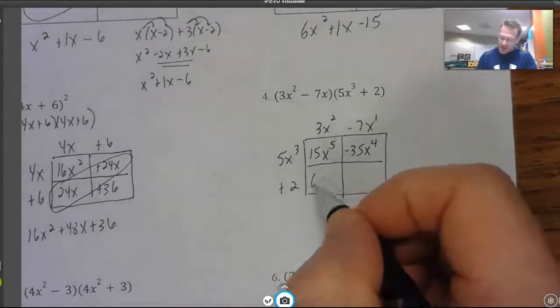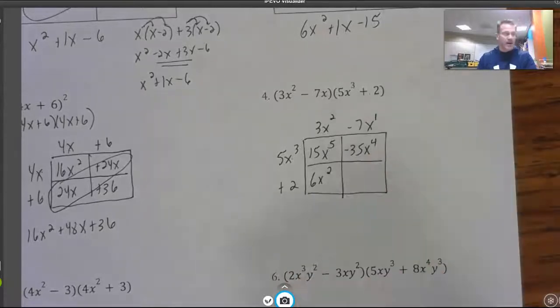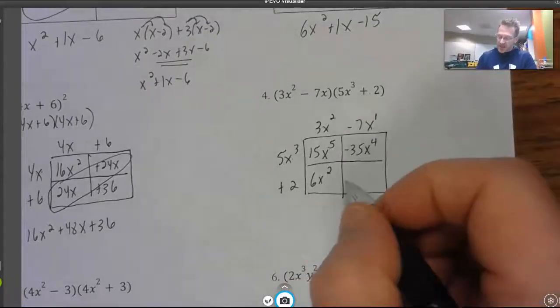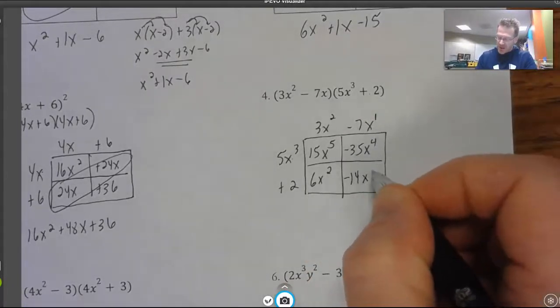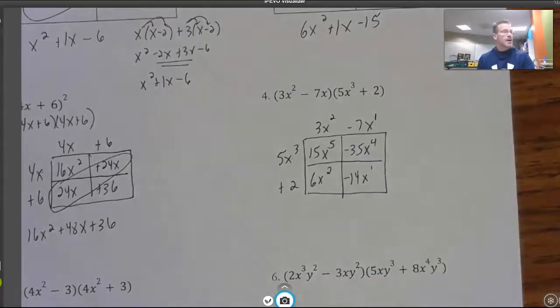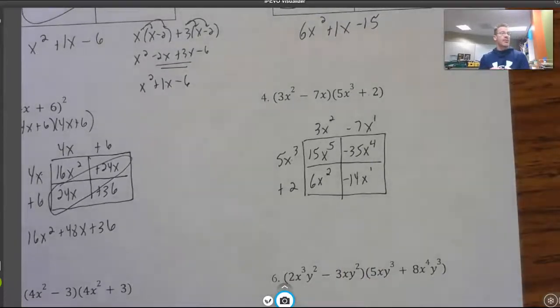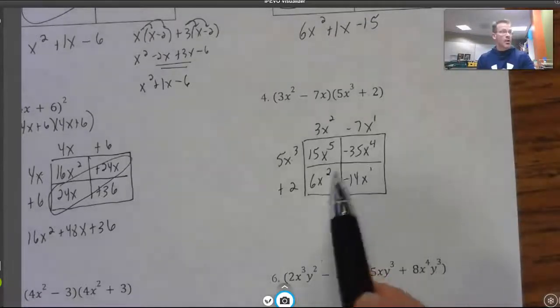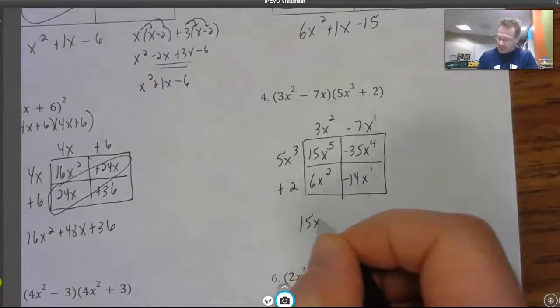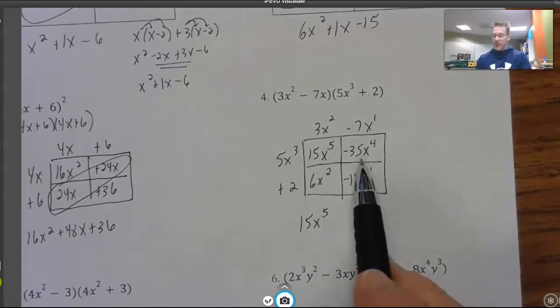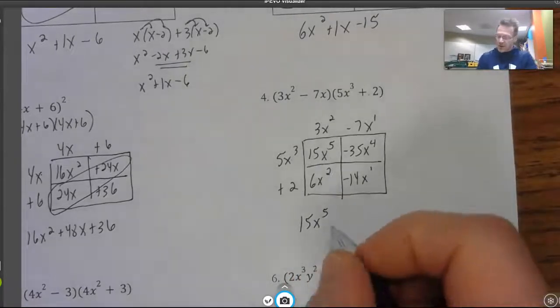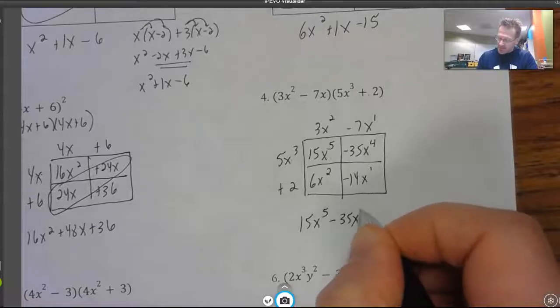2 times 3 is 6. I have just those 2 x's right there. Then 2 times negative 7 is negative 14, and then x to the first power. Now I'm looking for like terms. Remember, we typically want to write things in descending order. I have a 5th power, no other 5th power, so I'm going to bring that down. Then I have a 4th power here, but no other 4th powers, so I'll just bring that down.